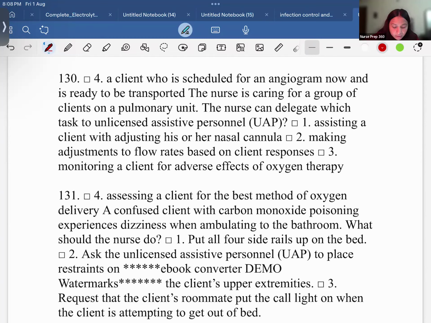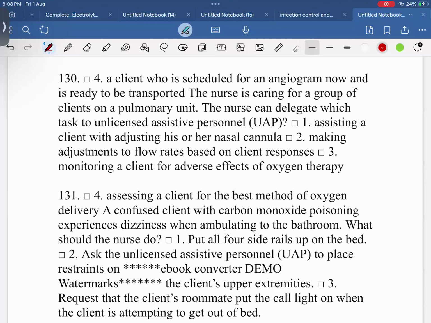Okay, from this line. A nurse is caring for a group of clients on a pulmonary unit. They can delegate which task to unlicensed assistive personnel?